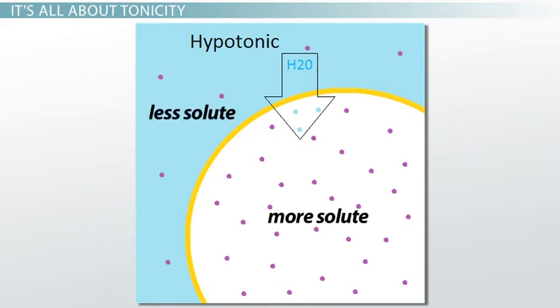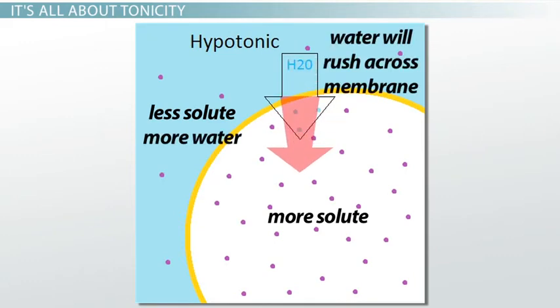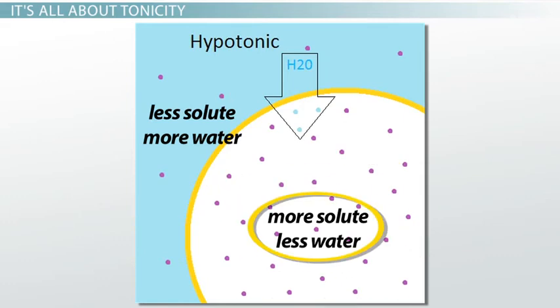It doesn't want one solution to have lots of solute while another has only a little. Therefore, water will rush across a semi-permeable membrane from areas of low solute concentration, high water concentration, to areas of high solute concentration, low water concentration. Basically, water wants to dilute that solute.